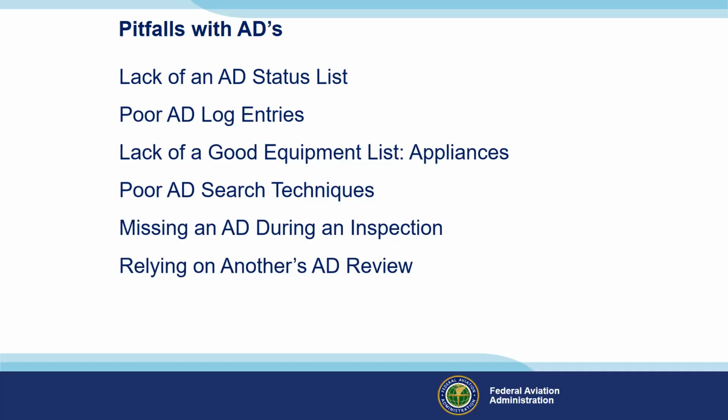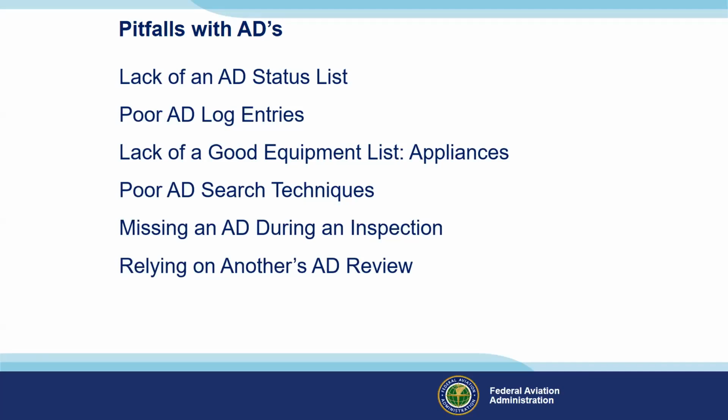Missing an AD during an inspection. Look at the accidents we looked at. I think one was missed for 38 years by, I don't know if it was 38 different IAs, but a lot of missed ADs. And relying on other people's AD reviews that they've done.